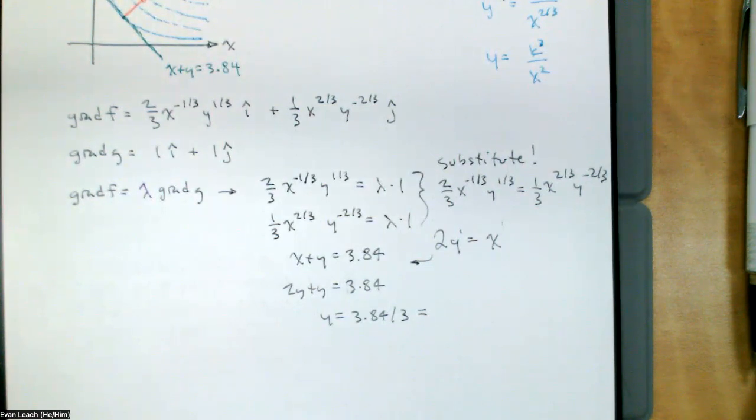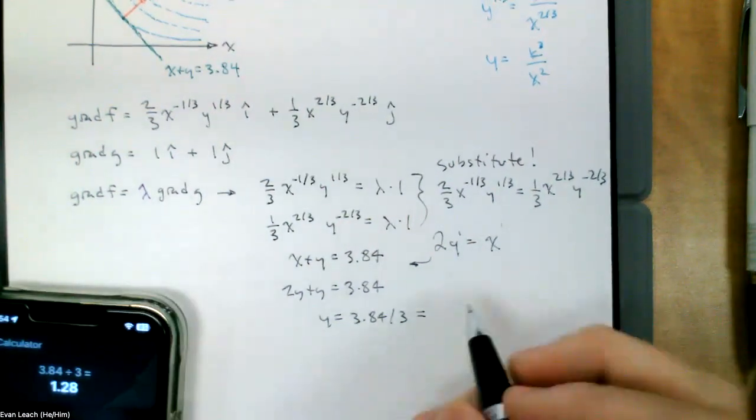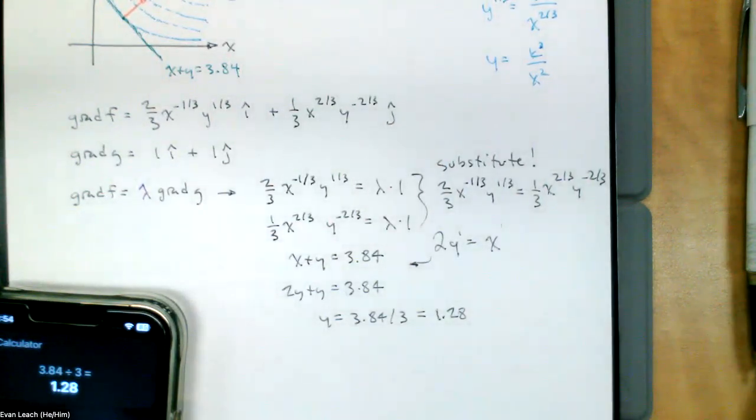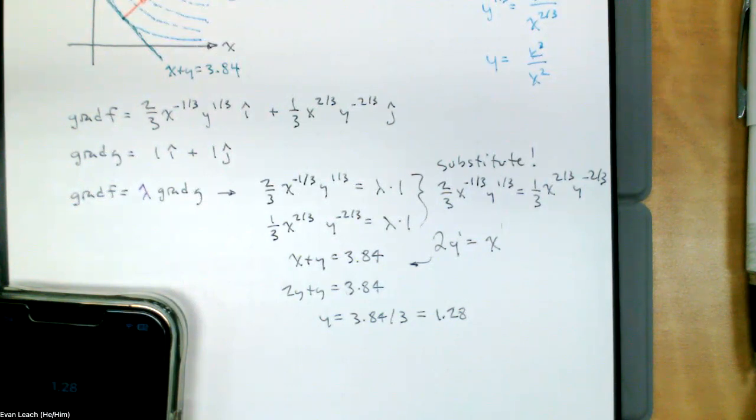Hey Siri, what's 3.84 divided by 3? The answer is 1.28. I got stuck on the 84. The 81 is sitting right there. Siri's like rolling her eyes at me. I don't know if Siri has eyes. She's rolling her camera head. Dude, 84.